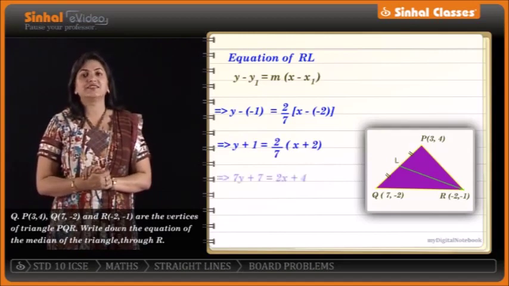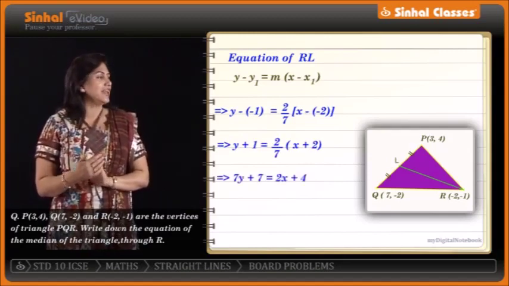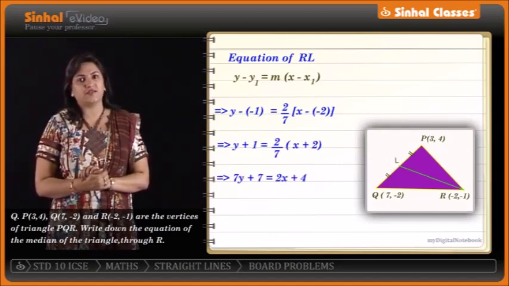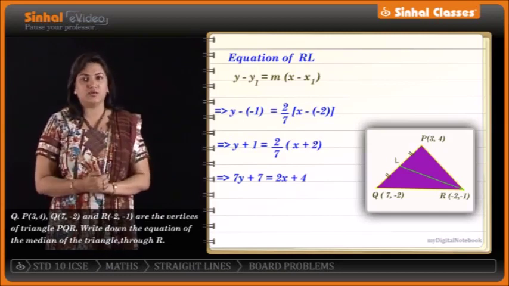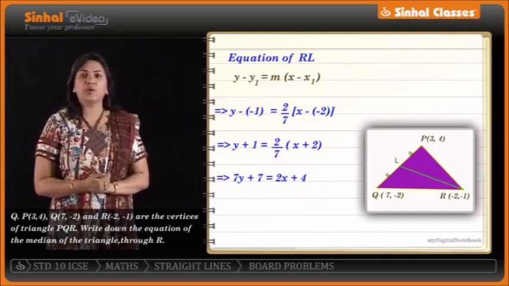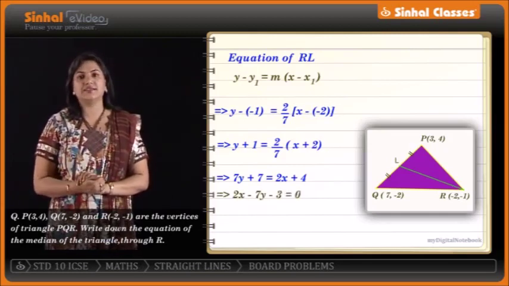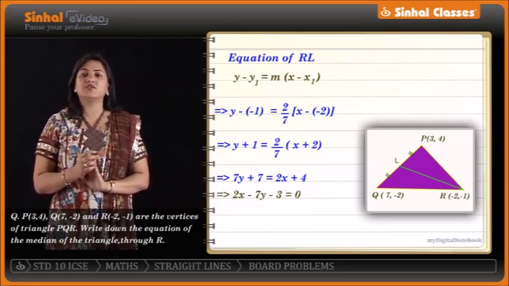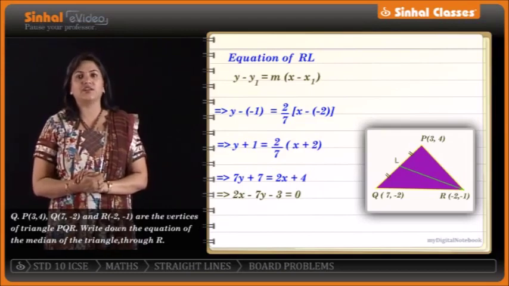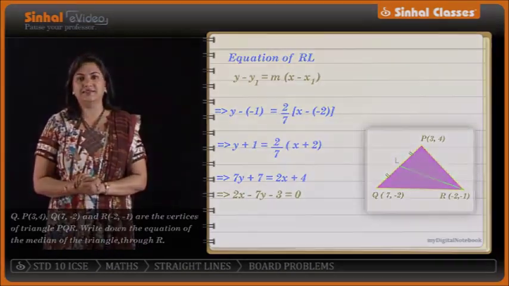We have 7y plus 7 is equal to 2x plus 4. Take x and y's on one side, we get 2x minus 7y minus 3 is equal to 0. So this is the required equation of the median.